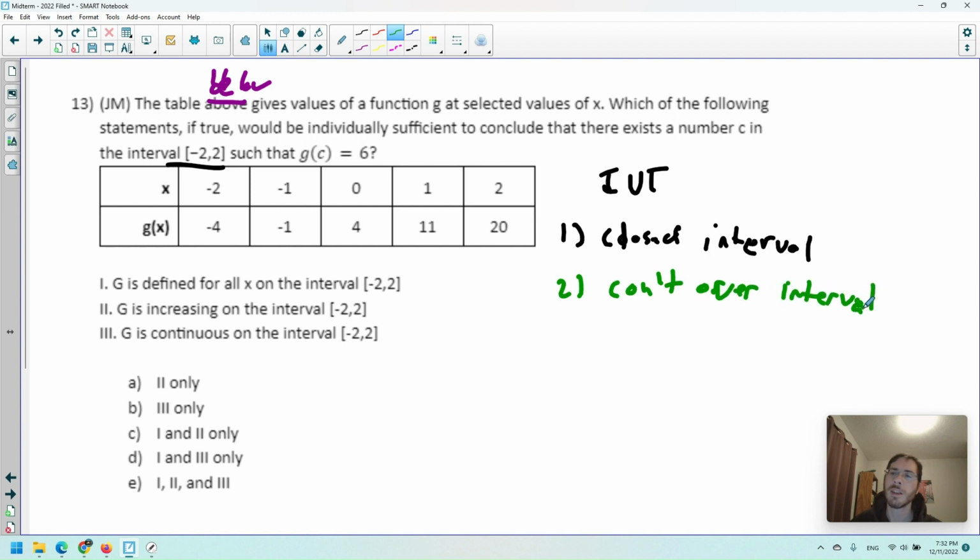To be continuous, it wouldn't be good enough to just be defined, because if we're defined, we could have a step function, so that won't help out. Increasing doesn't count. Increasing is not continuous. The one that's continuous is choice 3, so we're going to go with B, 3 only, because that's the one that would be continuous.